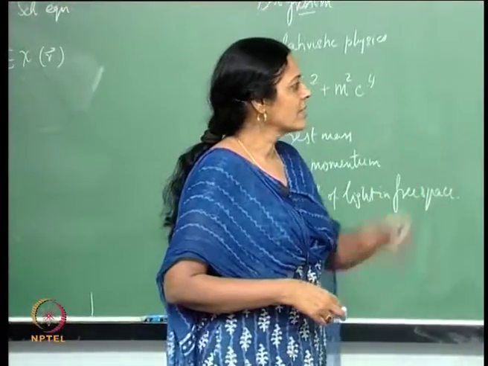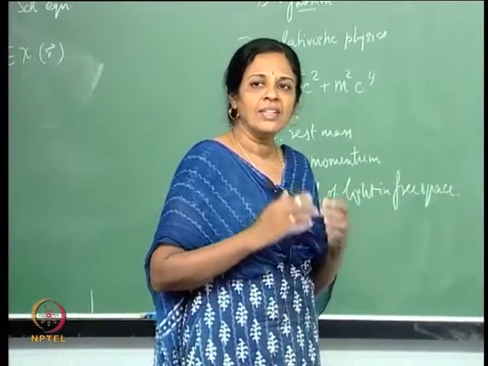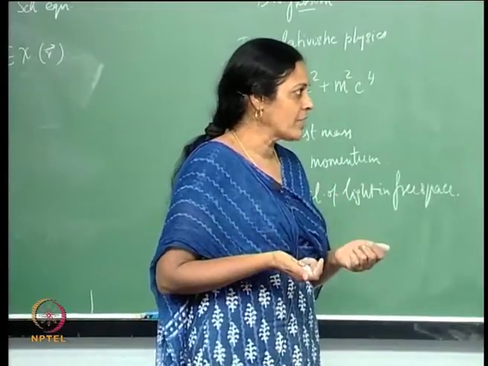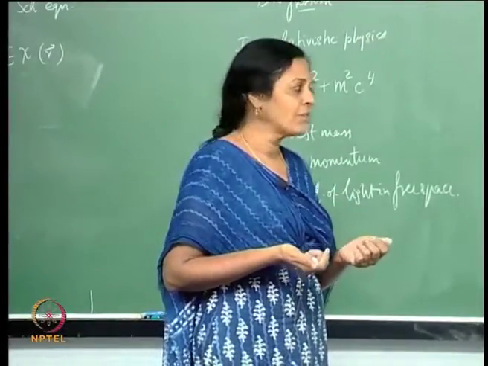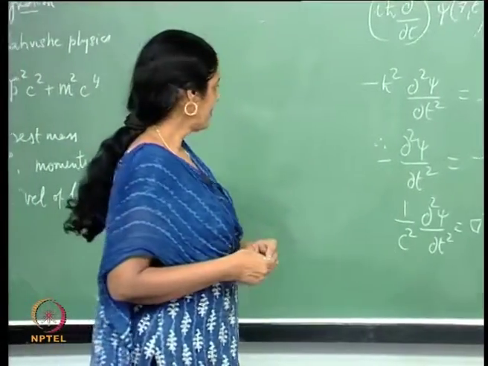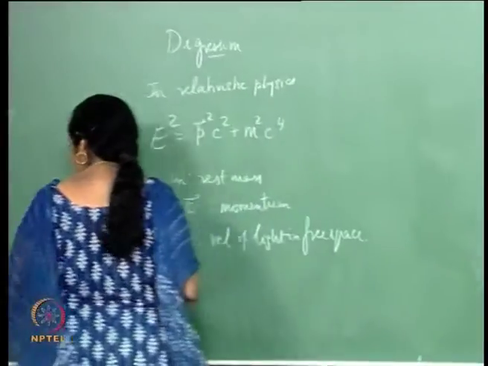And then you get the corresponding quantum mechanical equation, which one is supposed to solve for the wave function ψ(r,t). That is by way of a digression.